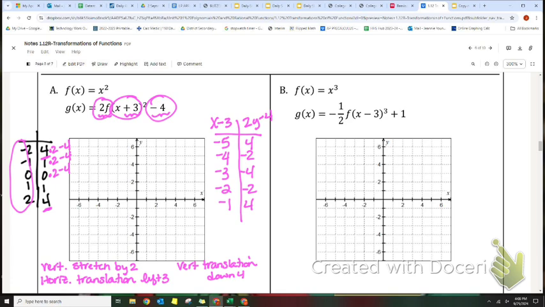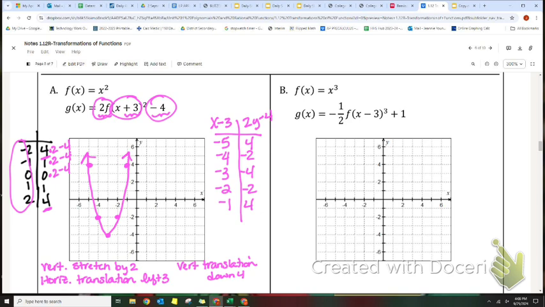So we can go ahead and plot those points. And there's our graph of g of x.